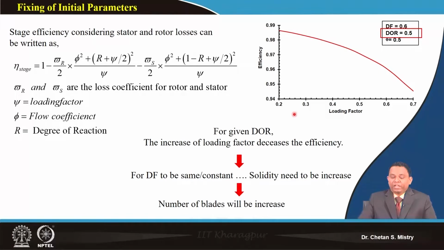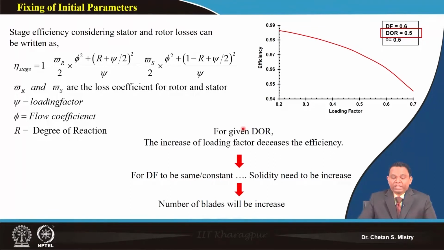What you see is, for a particular degree of reaction, say 50% reaction, when we are increasing our loading factor, the efficiency is going to be lower.